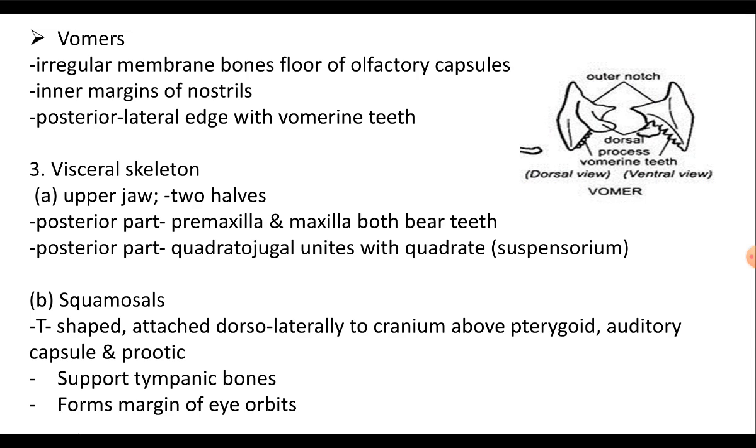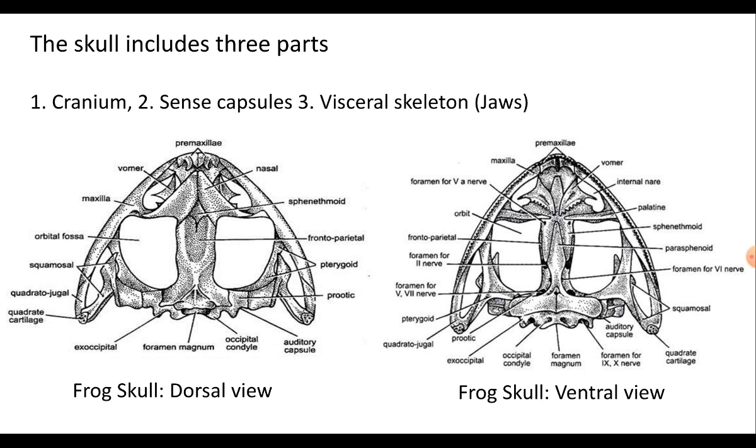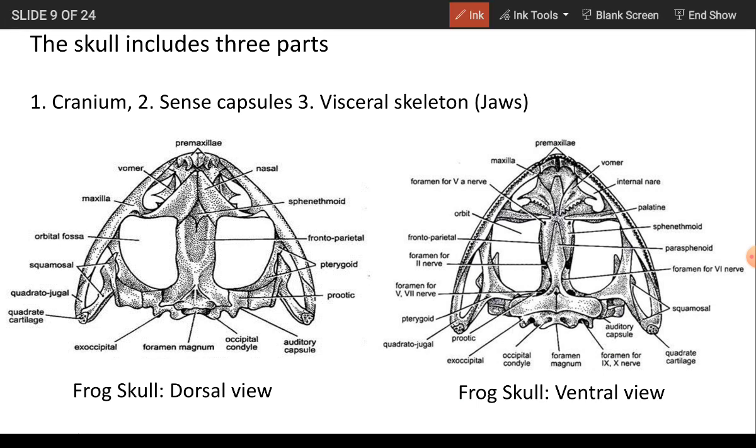For this, you have to have a look at the ventral view of the skull, where you can find the vomer bones at the anterior end of the skull. This is the region where a pair of vomer bones are situated on the ventral side of the skull.